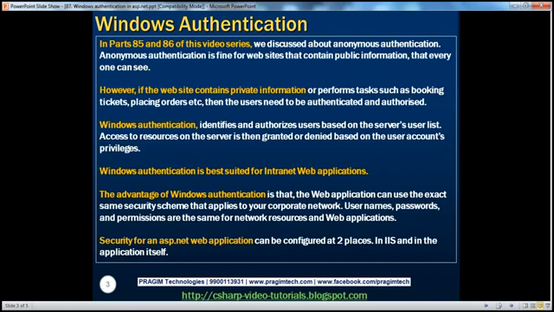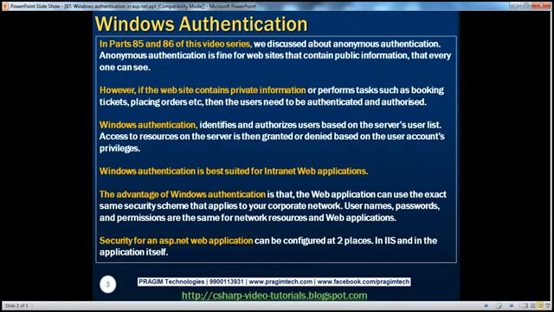Windows authentication identifies and authorizes users based on the server's user list. Access to the resources on the server is then granted or denied based on the user account's privileges. Windows authentication is best suited for intranet web applications because in an intranet we have a network domain, and all the users have Windows accounts, and based on their level or the group they belong to, there are permissions set at their Windows account level.